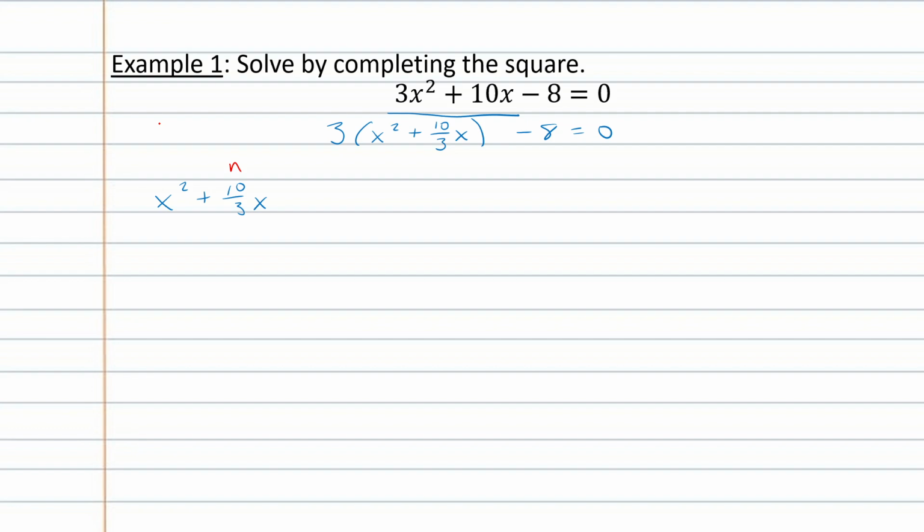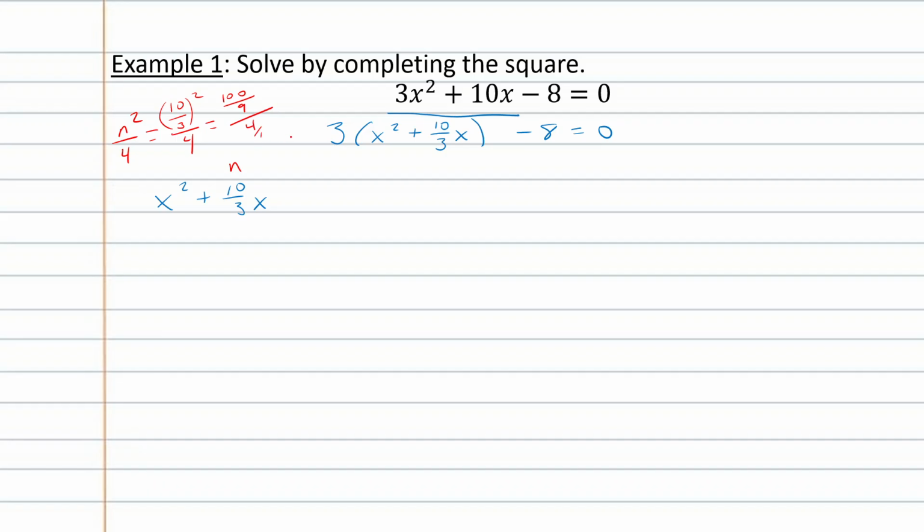Right? And if we want to find this term that we need to add on to complete the square, we need to look at n squared over 4. All right, so that's 10/3 squared over 4. Now, 10 squared is 100, 3 squared is 9, and all of that's over 4.